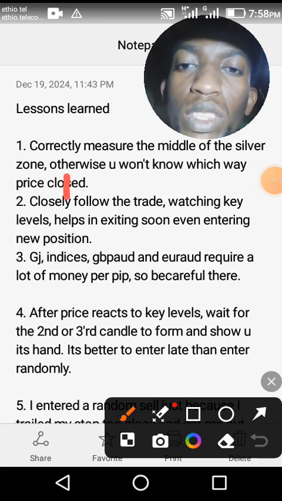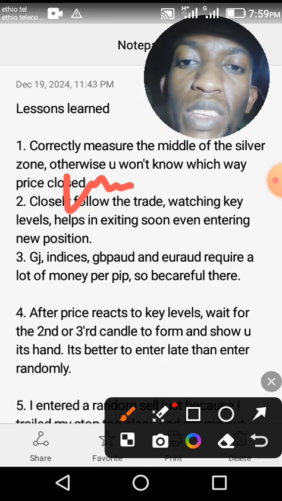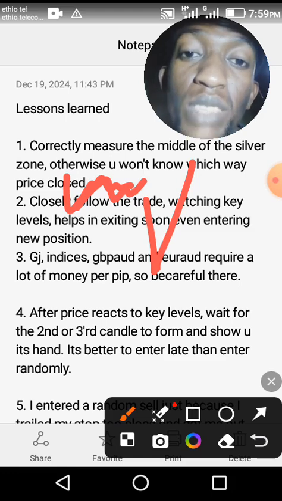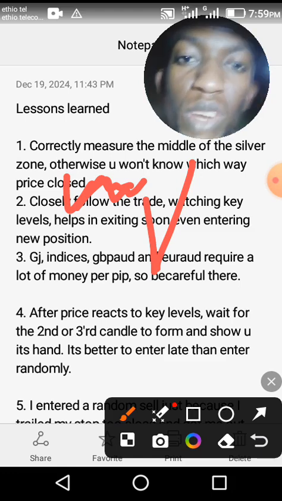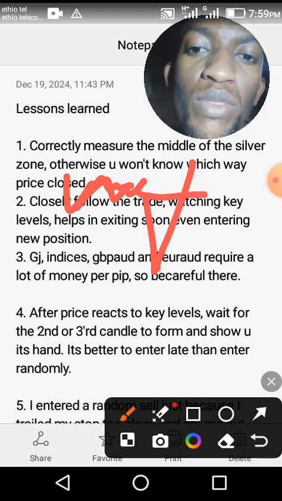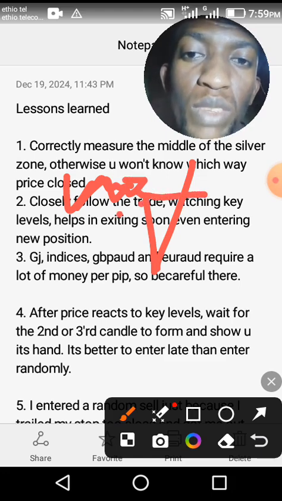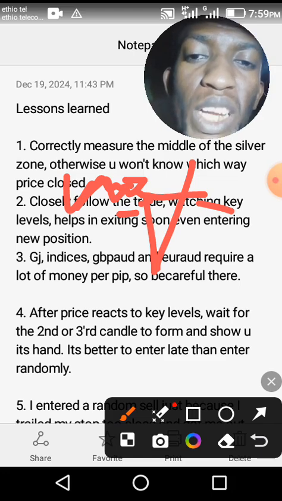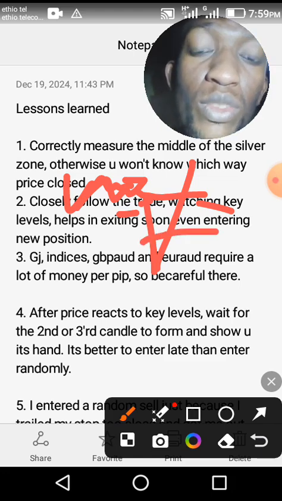So let's assume this is the black box. Price dumped and then we bump it up again. So you are anticipating it wants us to move up, right? So first thing you want to watch is this middle line, which is mid axis of the silver zone. This is called mid axis. The next thing you want to watch is this right there, called mid-ordinate.